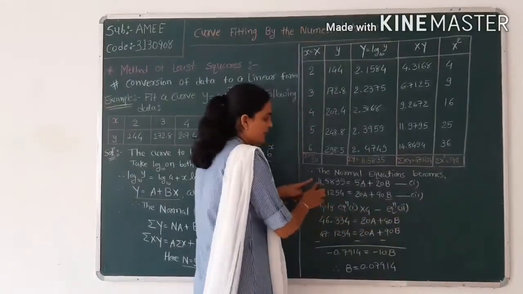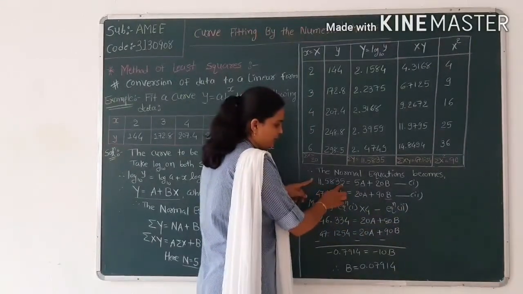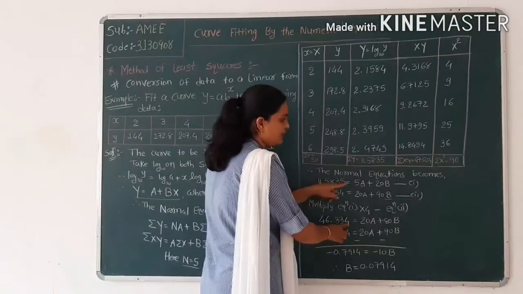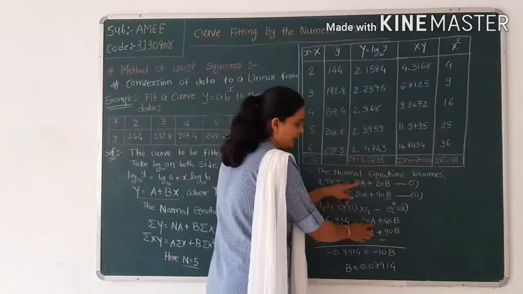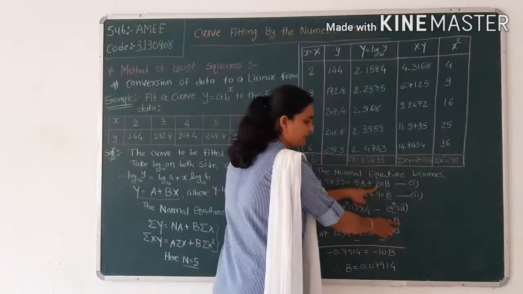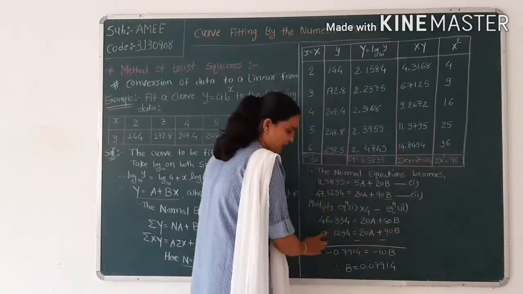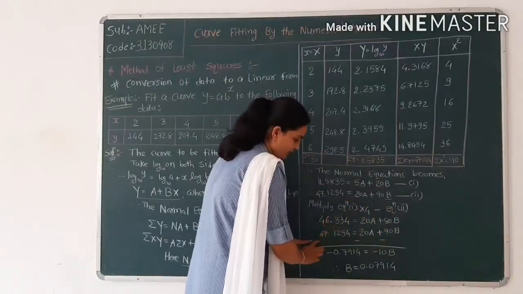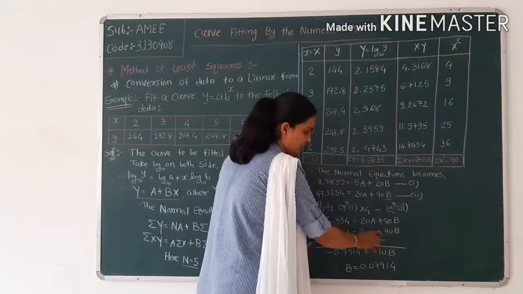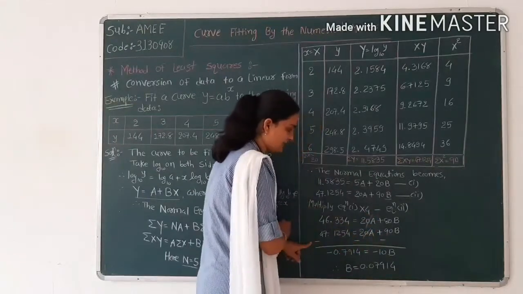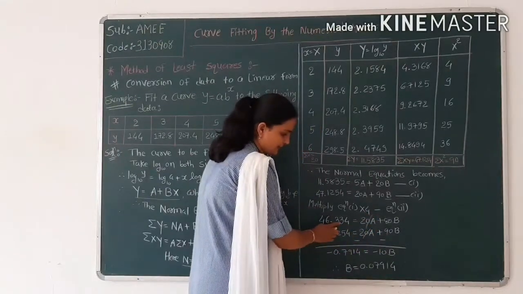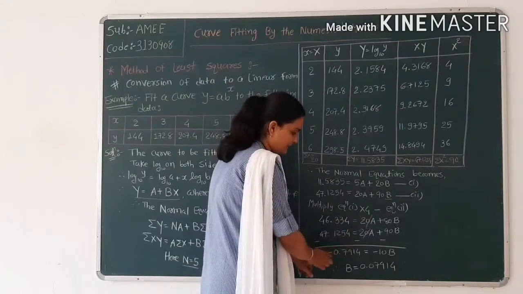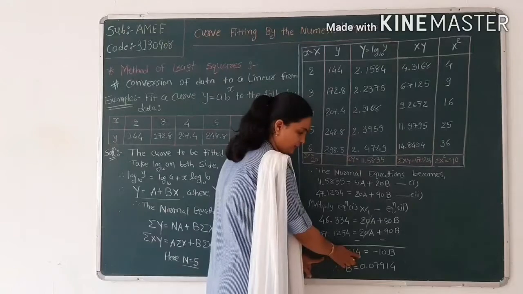We get 11.5835 multiplied by 4, which is 46.334, equals 20A plus 80B, and equation 2 remains as it is. Equation 1 minus equation 2: 20A minus 20A cancels out, and 46.334 minus 47.1254 is minus 0.7914.